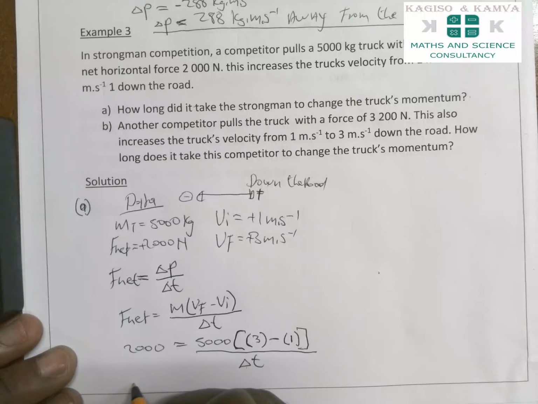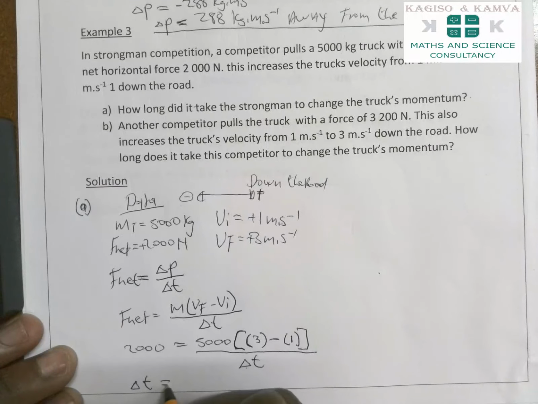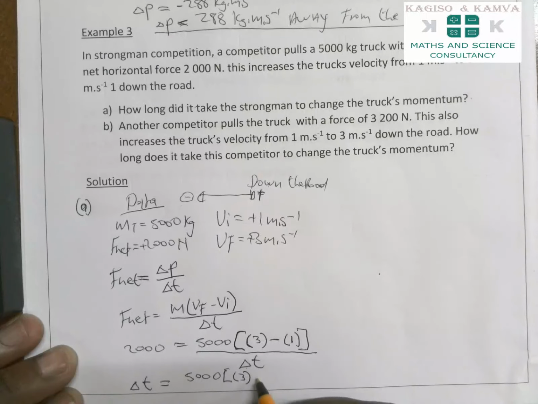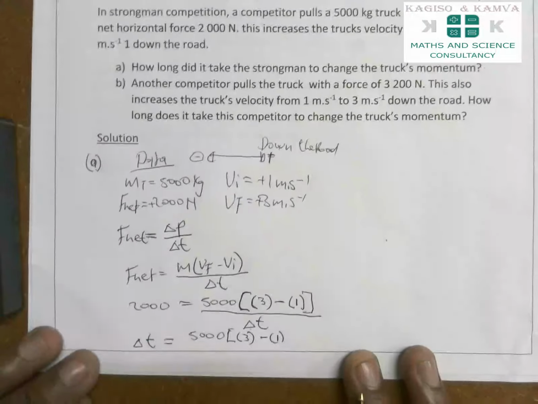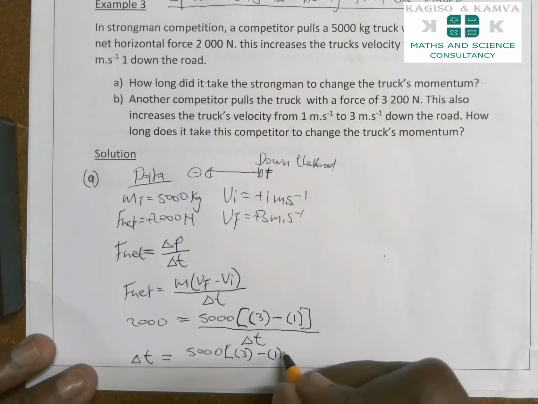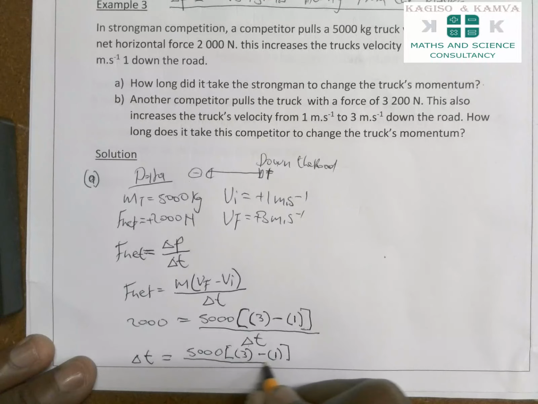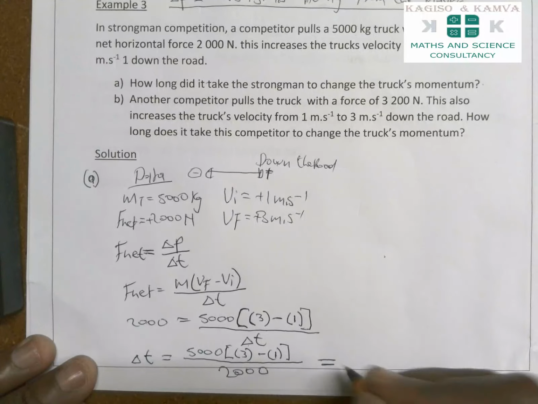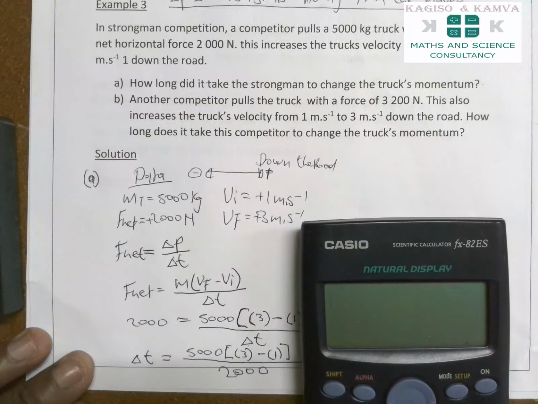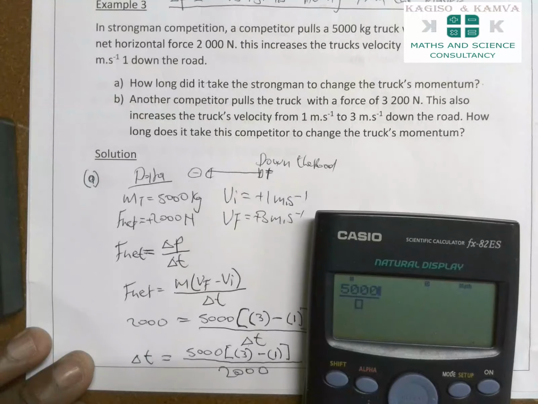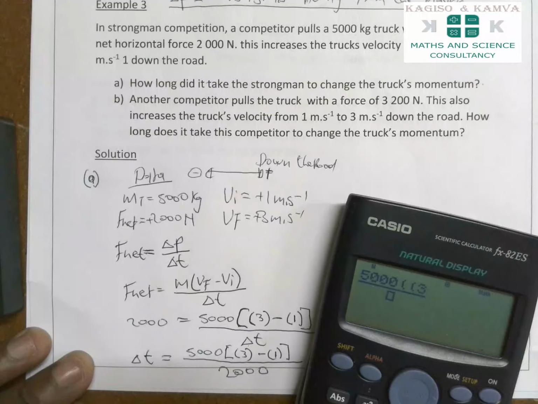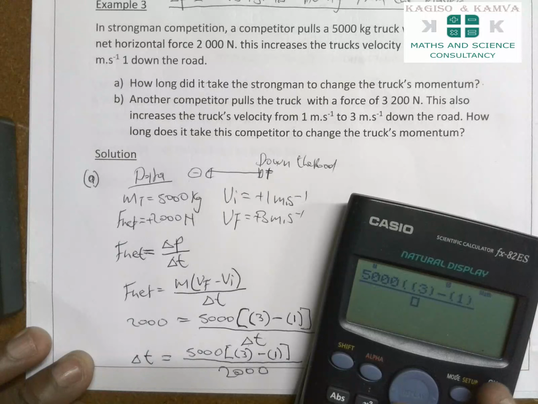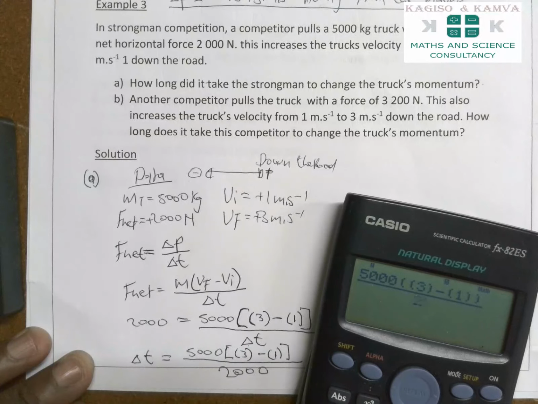So the change in time is going to be 5000 into 3 minus 1, all over 2000. The answer is going to be 5000 into open bracket 3 minus 1 close bracket, divided by 2000.